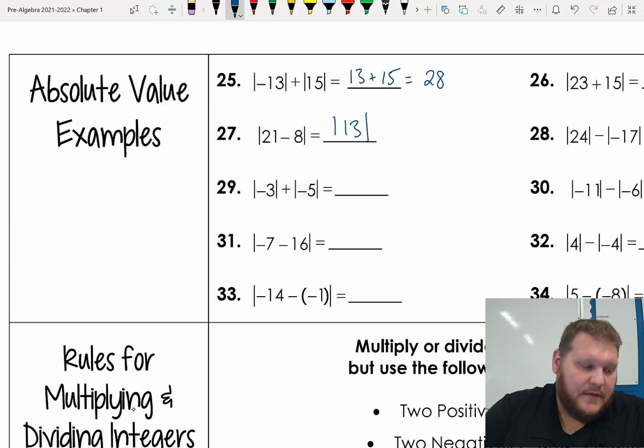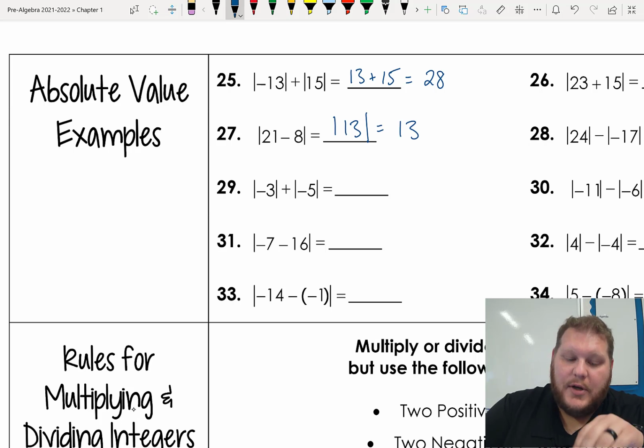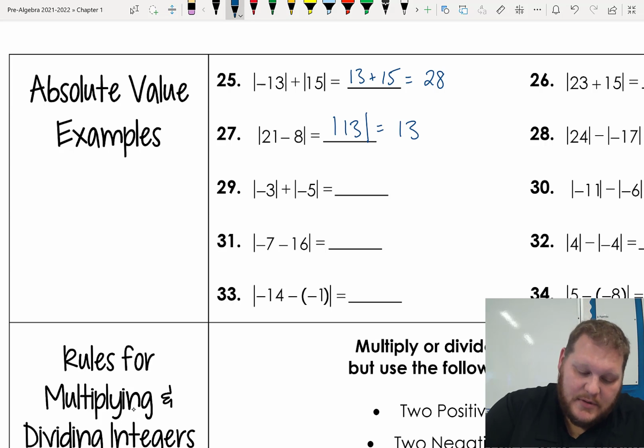So the absolute value of 13 is 13. So I have to do that operation first. 29, I'll go back to doing them separately since it's two different absolute values. So this becomes 3 plus 5, which gives me 8.